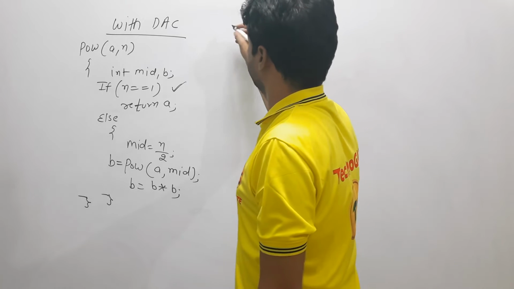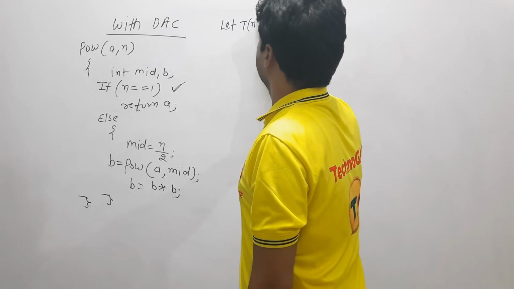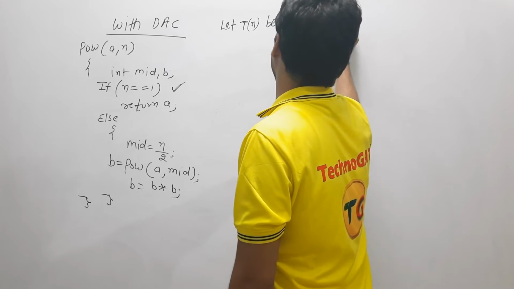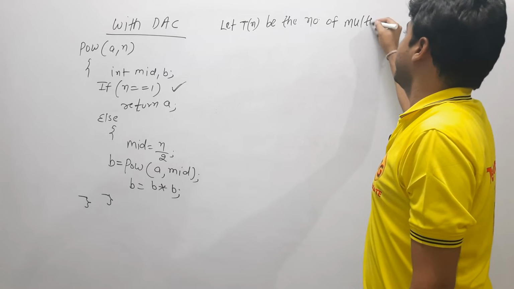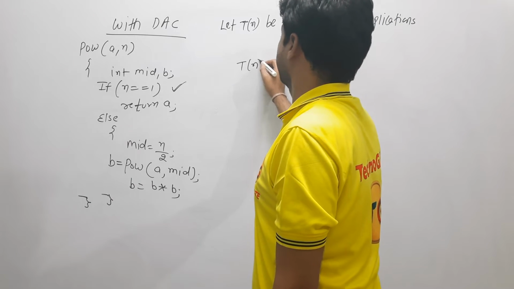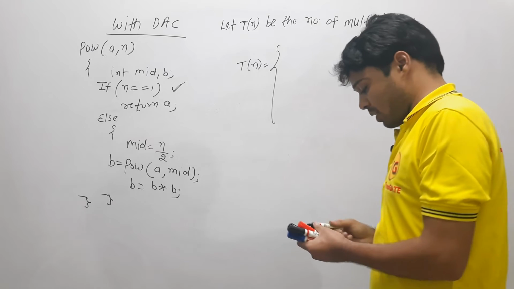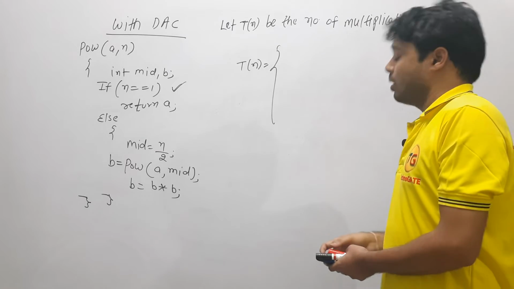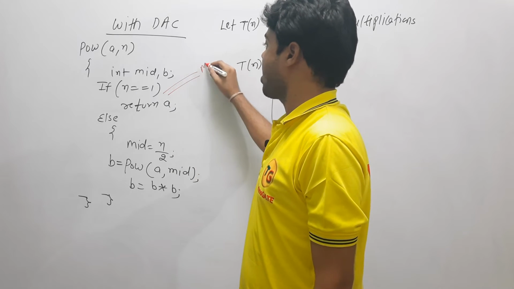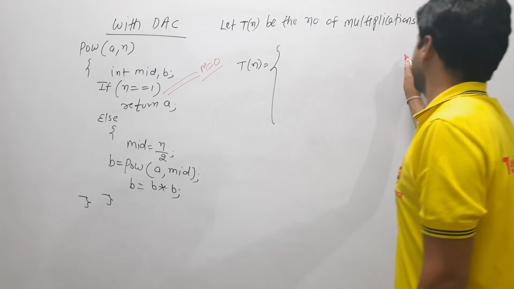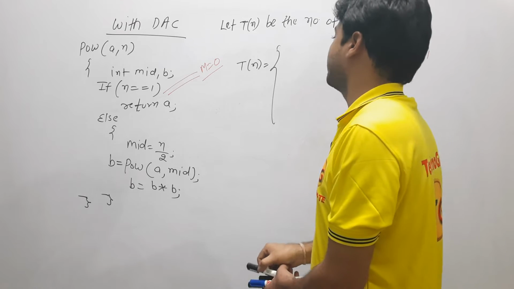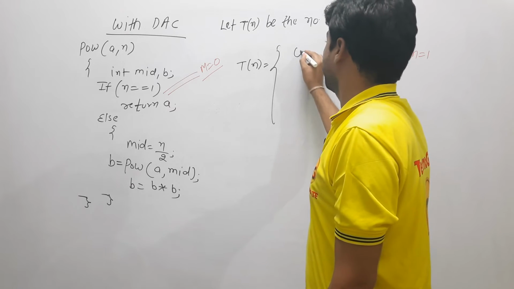Let T(n) be the number of multiplications. If n is 1, the power is 1, then there is no need of multiplication, so 0 multiplications are required.